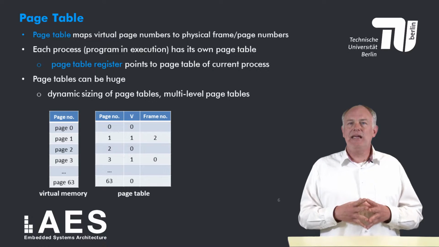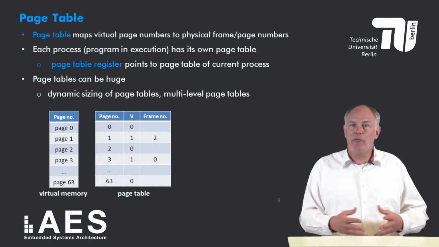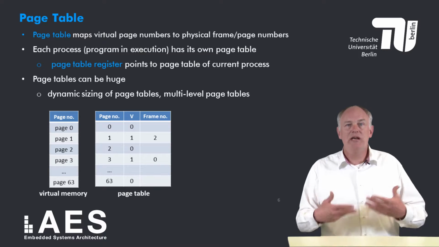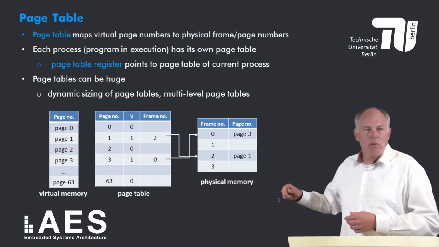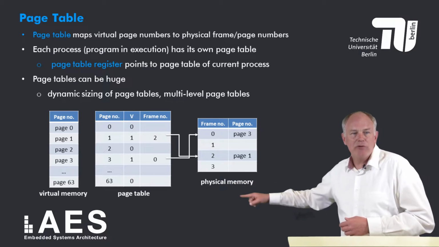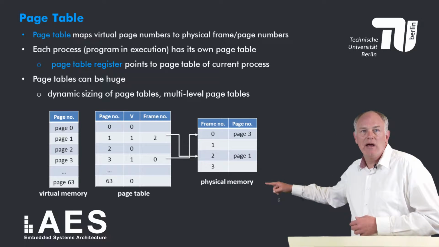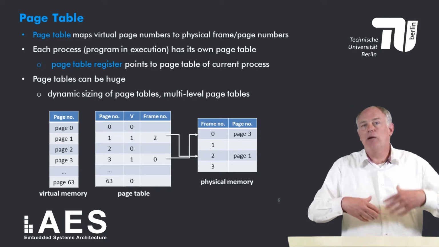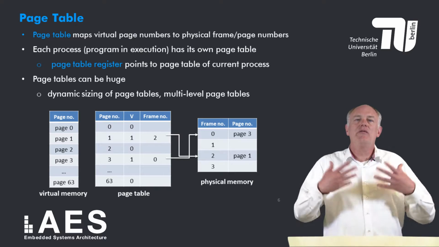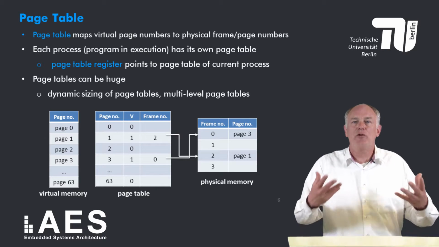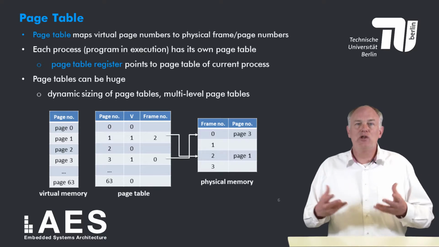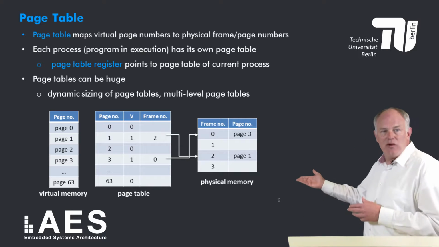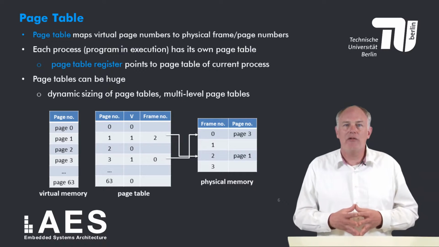The valid bit indicates if the page is in main memory or not, and if not, it should be on disk. In this example, virtual page 1 is mapped onto physical page 2, or equivalently, but formulated the other way around, physical page 2 contains virtual page 1 and physical page 0 contains virtual page 3, as illustrated in this figure here on the right.